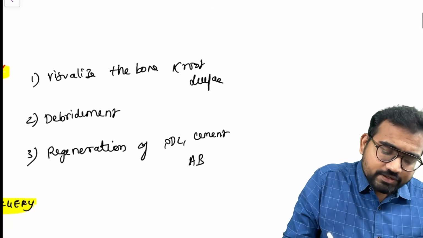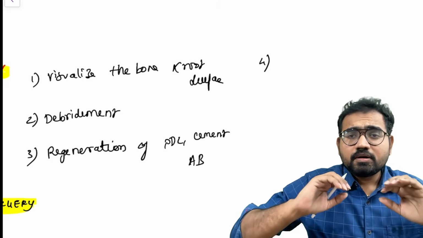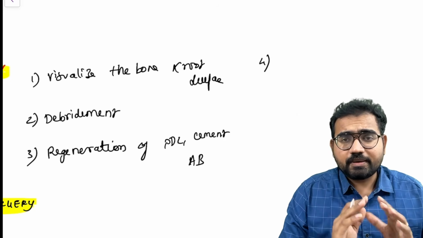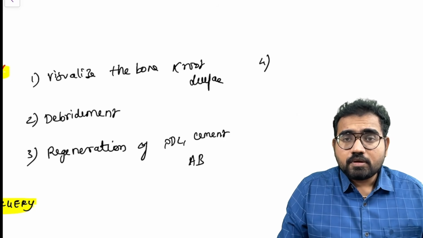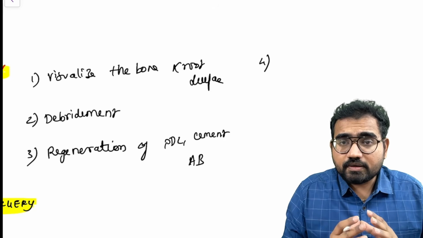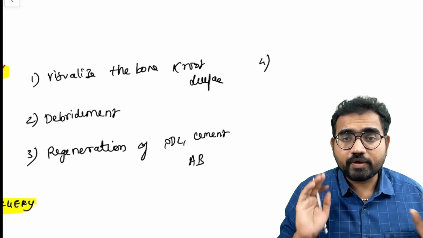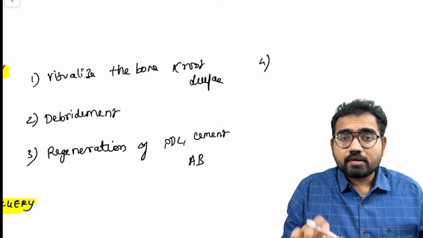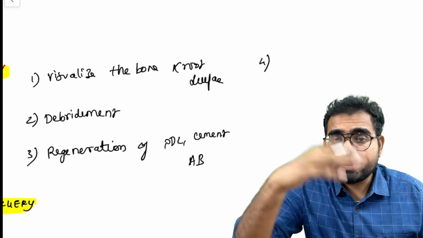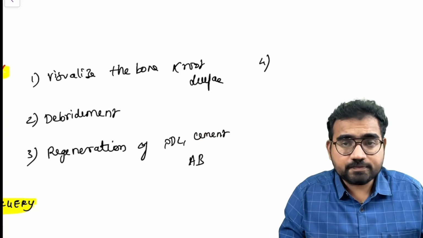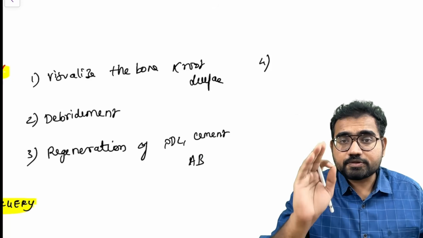Okay, so the next one will be, I'm giving incision, I'm raising the flap. Just that I know to reflect the flap or I know to elevate the flap, surgery is not going to end. It is going to end by proper suturing again, either displaced or undisplaced, whatever it may be, by proper suturing.